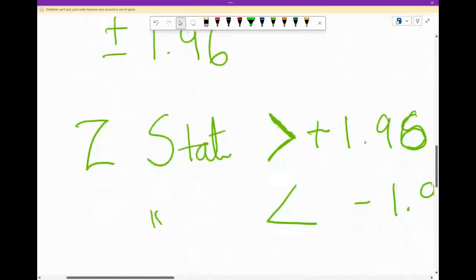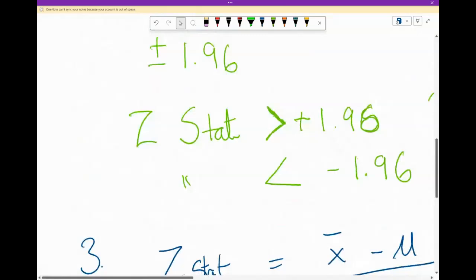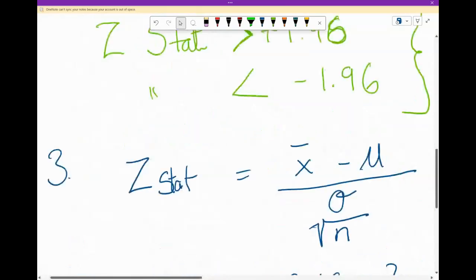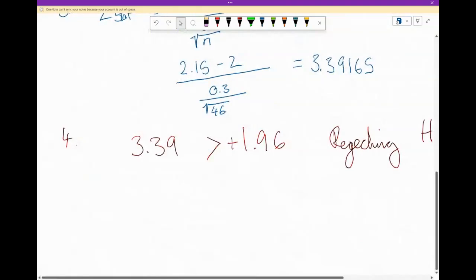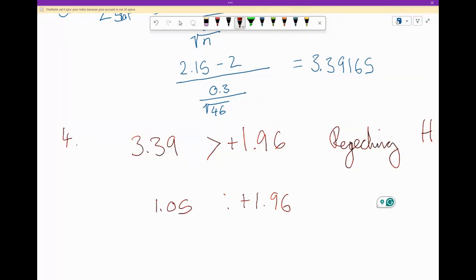So if, for instance, let's just say for argument's sake, we had gotten our Z statistic to be, let's say, 1.05, what would we have done? When comparing it, we would have compared it with this positive 1.96.